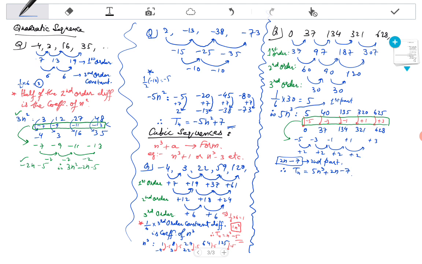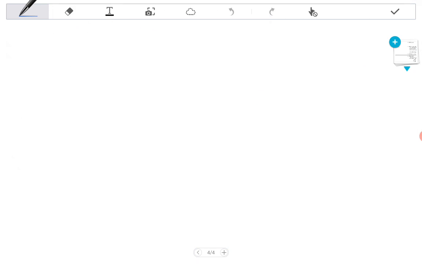And now come to some other kind of sequences. Like, I should write it on next page.